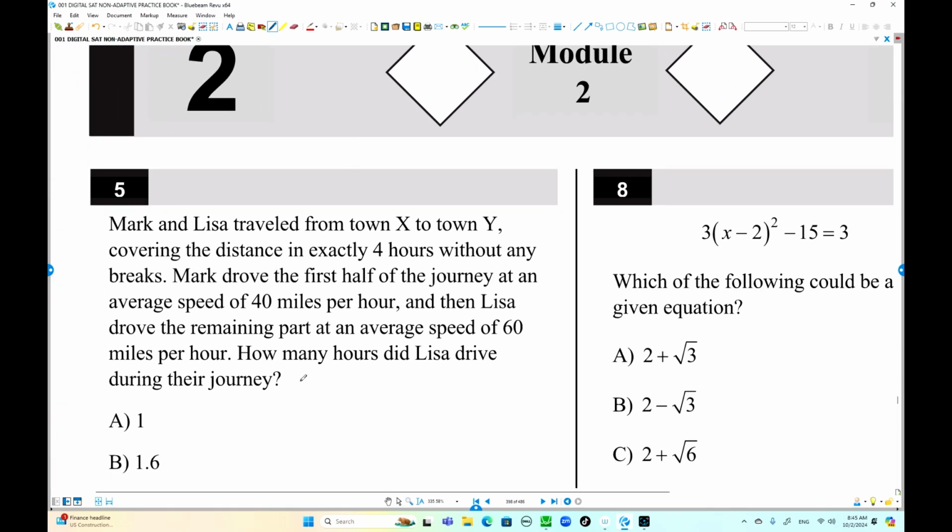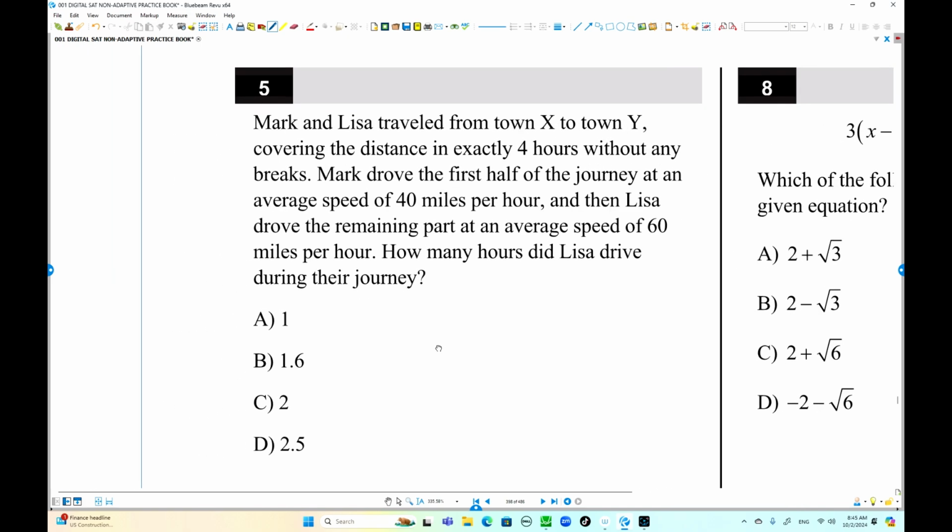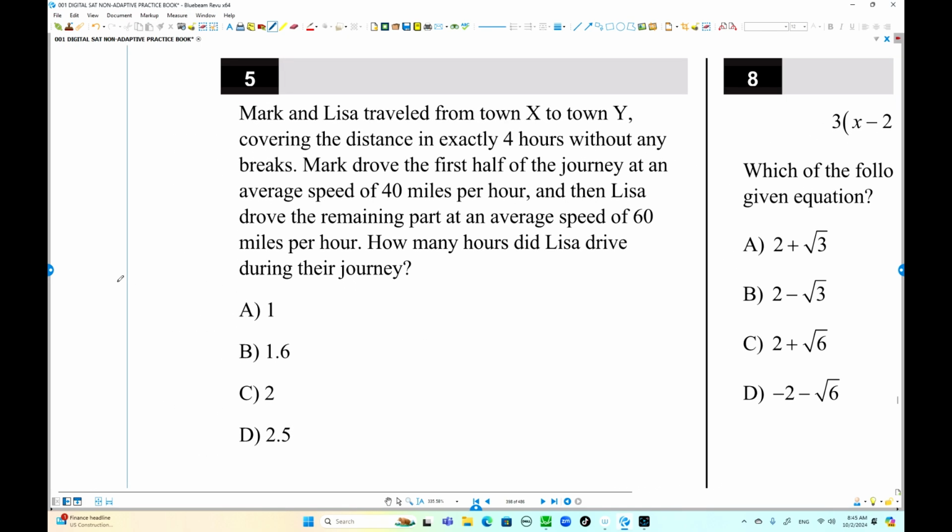Okay, now move on to number 5. Here we go. Two people, Mark and Lisa, traveled from town X to town Y, covering the distance exactly. It takes 4 hours without any breaks. So Mark drove the first half, which will be in the middle, right? Average speed is 40 miles per hour, and second half 60 miles per hour.